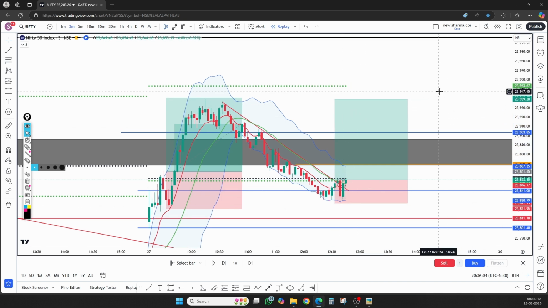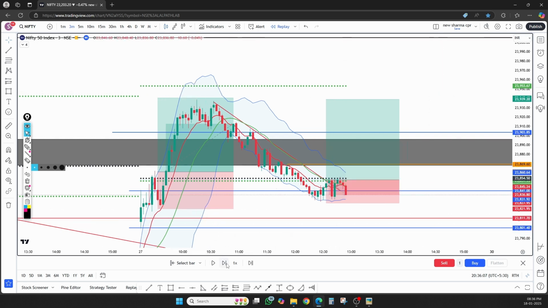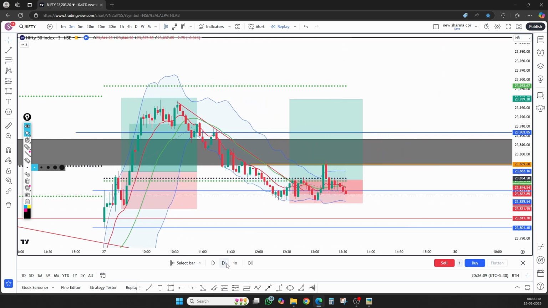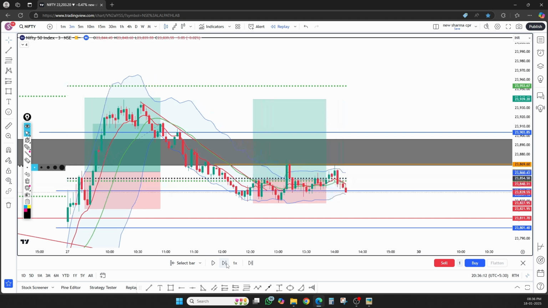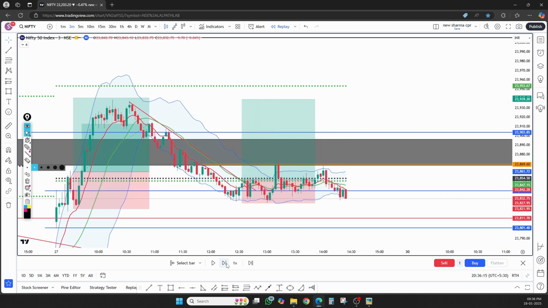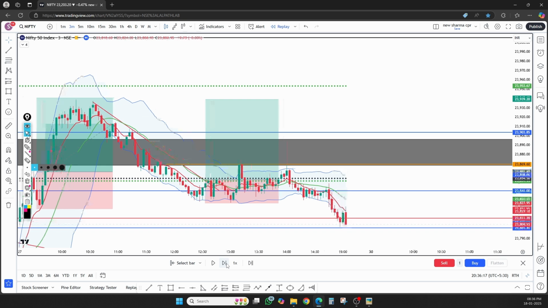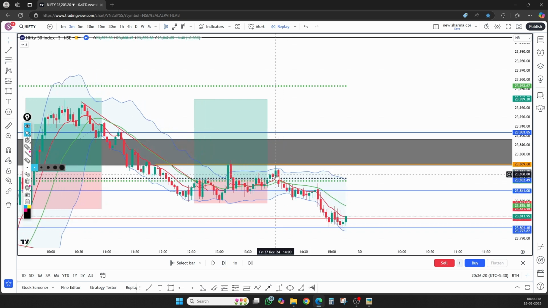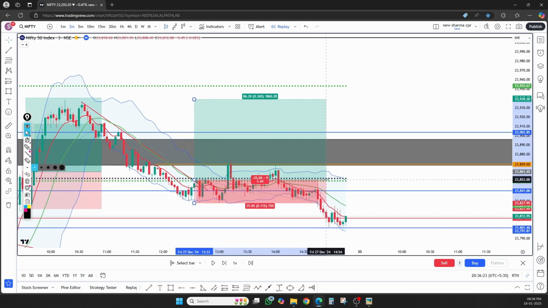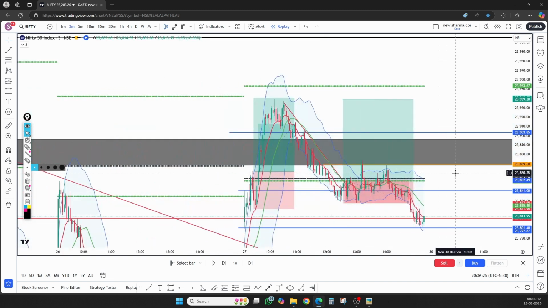Let's see this time whether it goes up or not. Almost 2 o'clock, it breaks our stop loss. So that's a Friday trade.